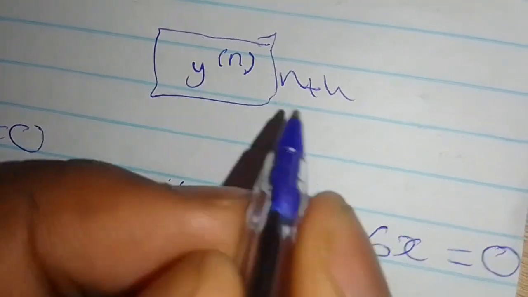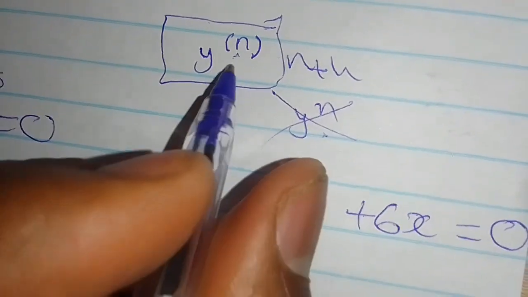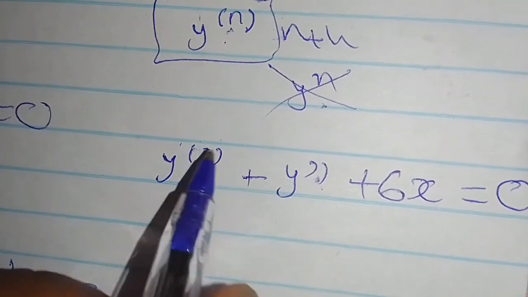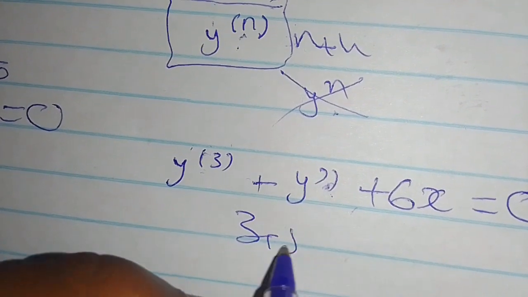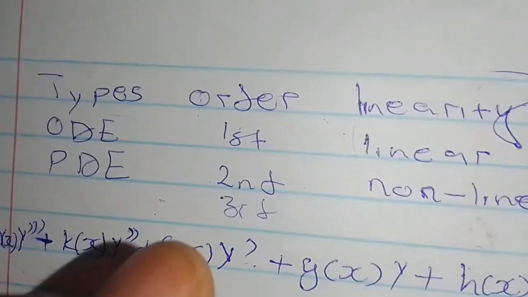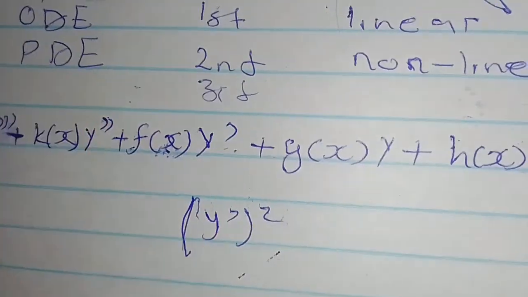It's not to the power. Don't confuse this with y to the n. This and this are not the same thing. So you have an nth order, in this case just a third order. But in here, you have a second order. Which one is larger between the two? It's 3. So this one will technically be a third order differential equation. That's our classification according to order.